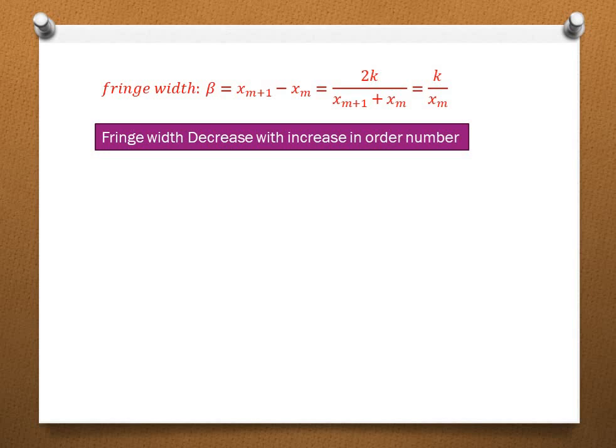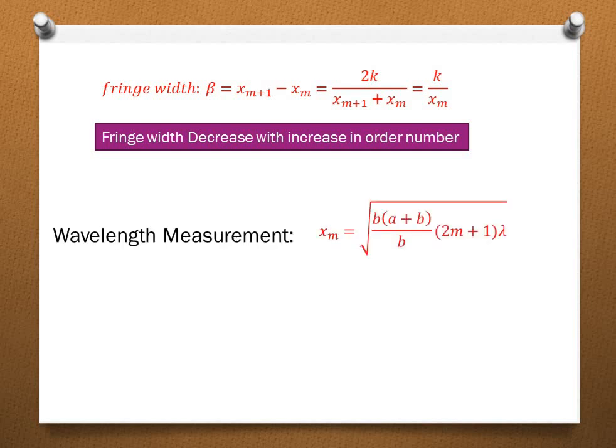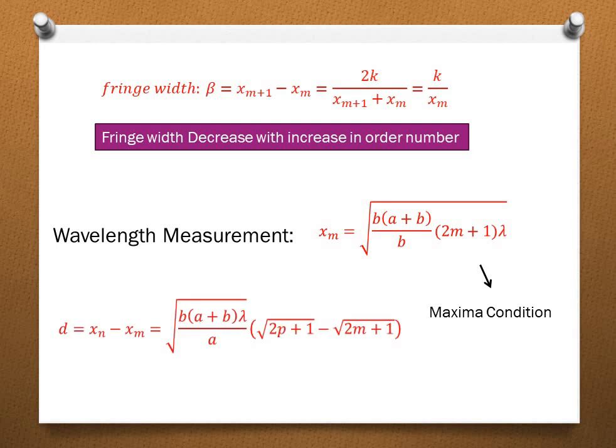And what else can we do from here? We can find out the wavelength of light used. So we can use this experiment to find the wavelength. How? This is the condition for maximum brightness. Suppose we measure the nth order and mth order maxima and take the difference between the distances like this.